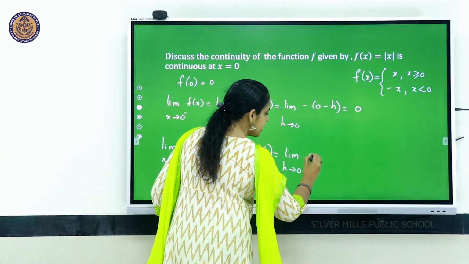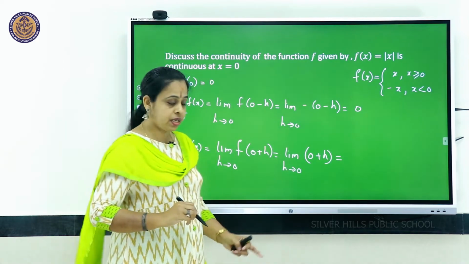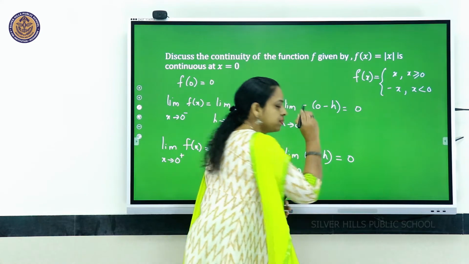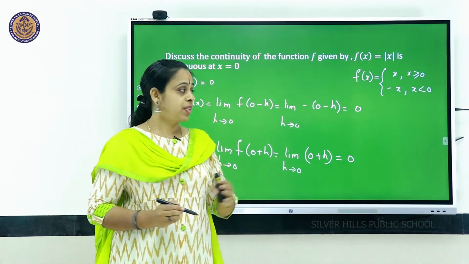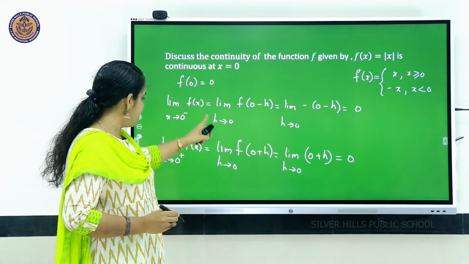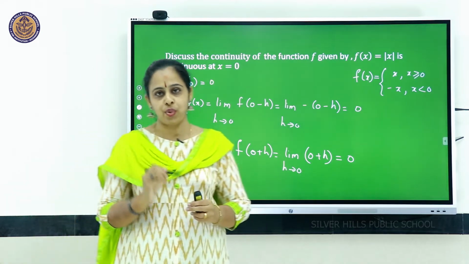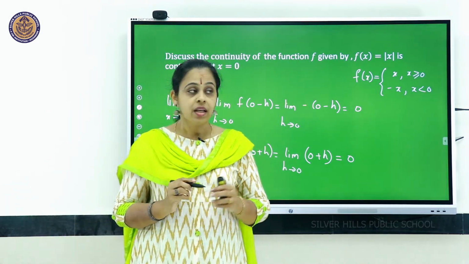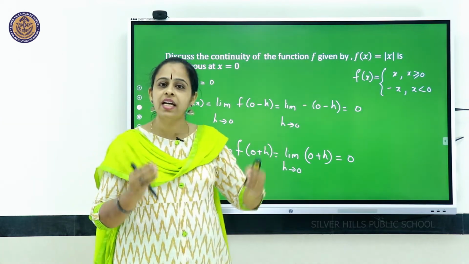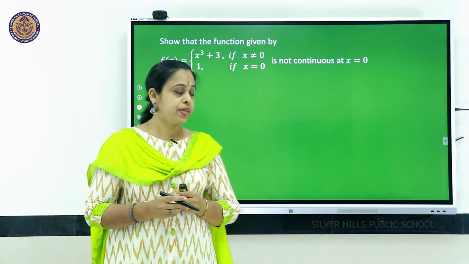So, we will write 0 plus h. Again, h is tending to 0, so we will get the value 0. Value of the function at 0, left limit, right limit, everywhere you get the value 0. What does it mean? The modulus function is continuous at x equal to 0. That is the conclusion.